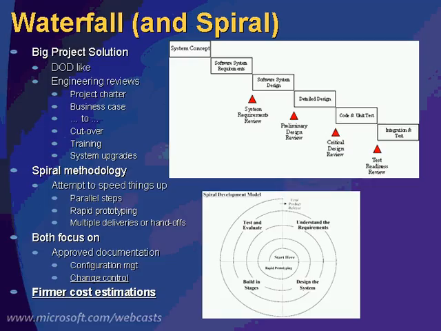There's a hybrid approach here where they've created a spiral methodology to try to speed things up in this waterfall approach so that you can achieve parallel steps and rapid prototyping along the way. But this is the most traditional methodology approach that you'll find out there, and a lot of times in the consulting world, this is the typical type of project, because in order to estimate correctly, you need to know what all the requirements are up front.